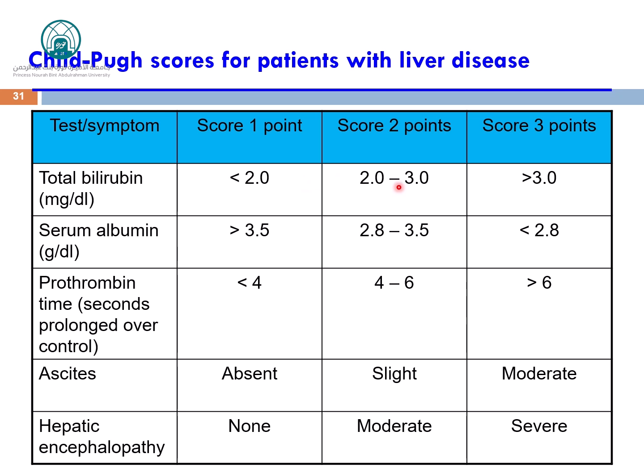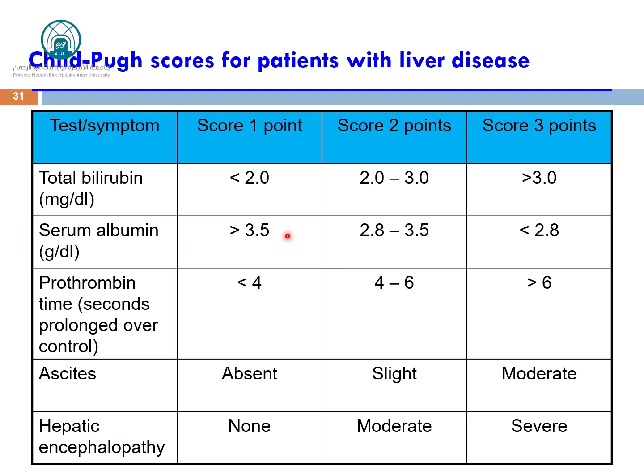If it is above 3, score 3, which is usually an indication of jaundice in the patients. As you noticed, if the total bilirubin in the serum is increased, it is an indication of worse hepatic functionality. Serum albumin, if it is more than 3.5, it should be present in an appropriate concentration in the serum, okay?